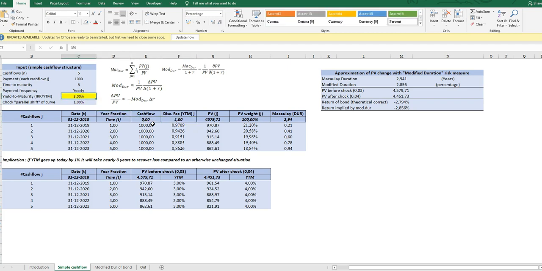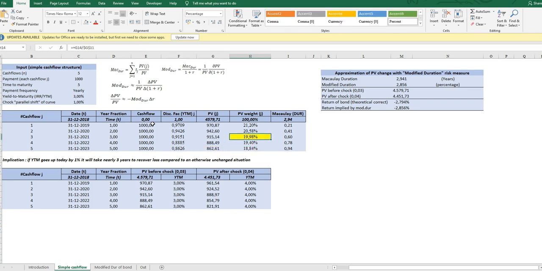And here I have assumed a 3% yearly yield to maturity. That is, the 5-year yield to maturity is 3% on the interest rate curve. So here are the discount factors, and here are the corresponding present values for each cash flow. So this one on year 5 is discounted the most, so 1,000 times the discount factor.